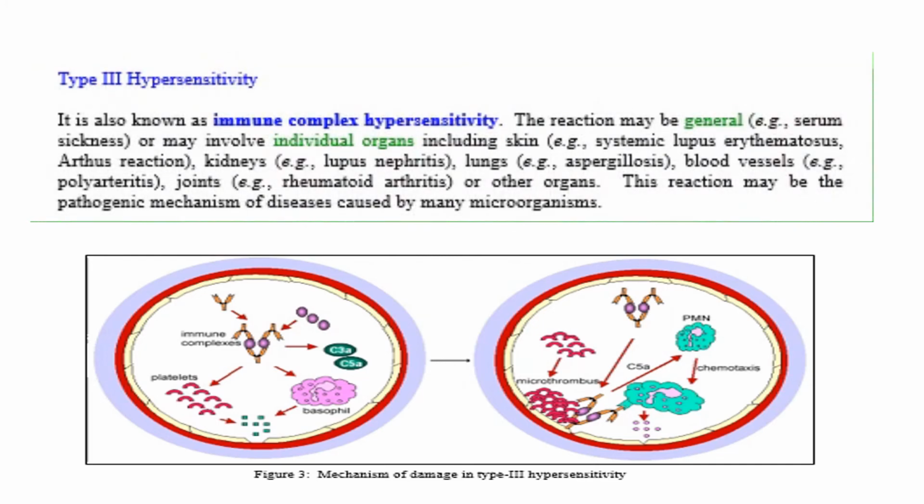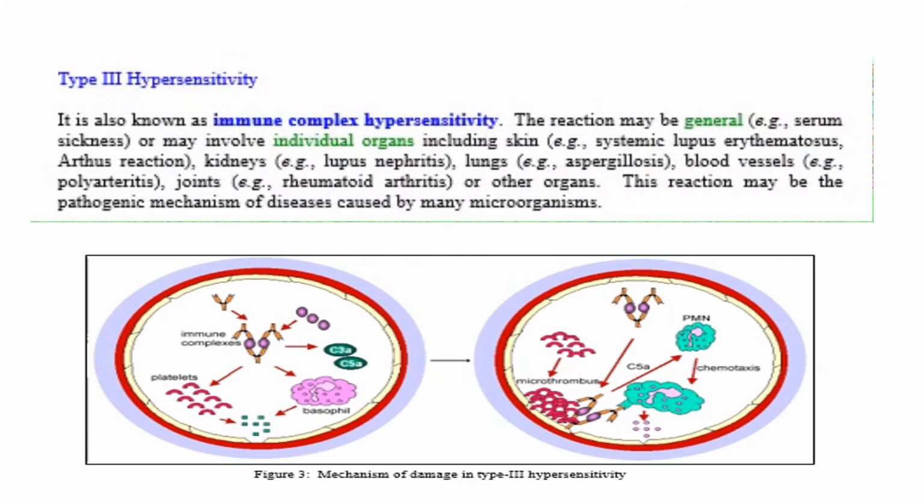The reaction may be the pathogenic mechanism of disease caused by many microorganisms. The reaction may take about 3 to 10 hours after exposure to the antigen. The best example is an Arthus reaction. It is also mediated by a soluble immune complex.